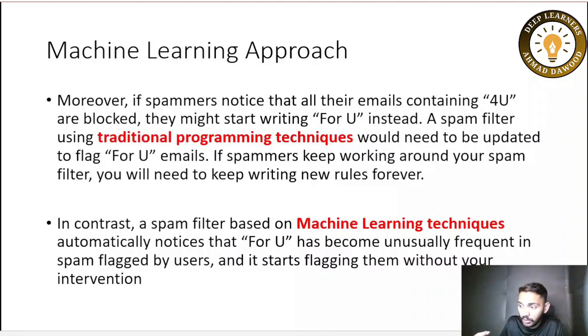So these words are more common in spam emails, so there is a greater chance that emails that have these words are spam emails. So it will detect by itself. You don't have to manually write the rules again and again.